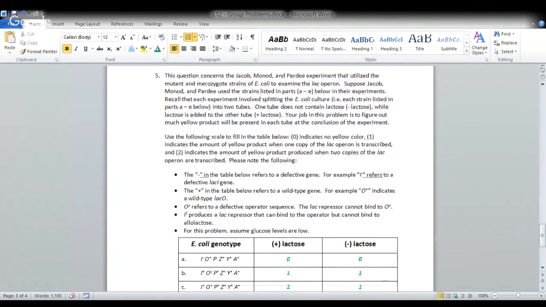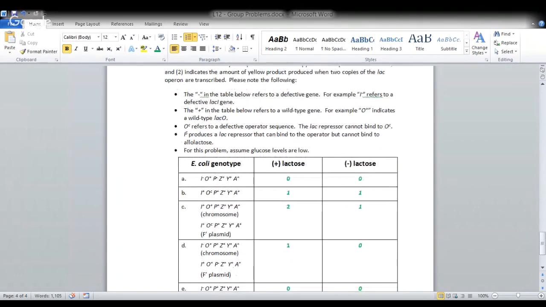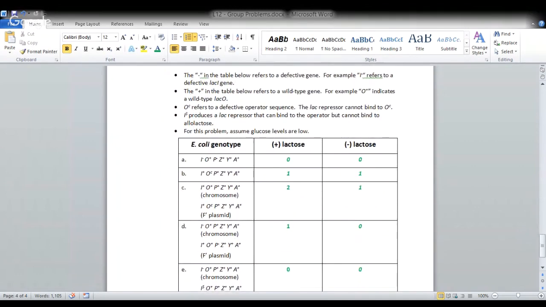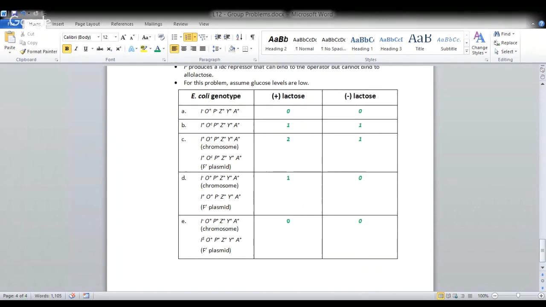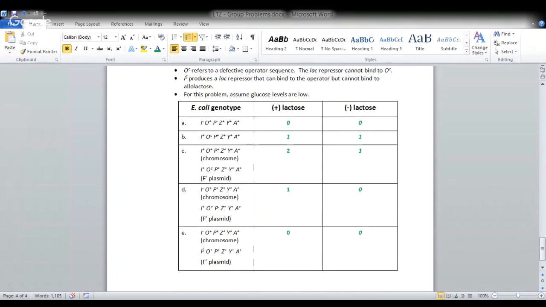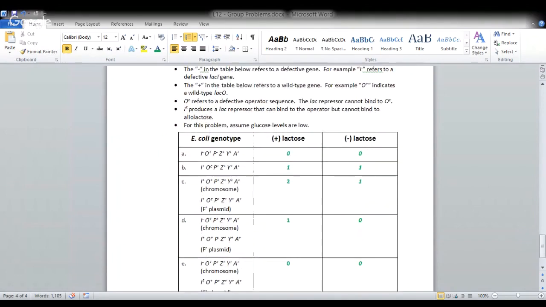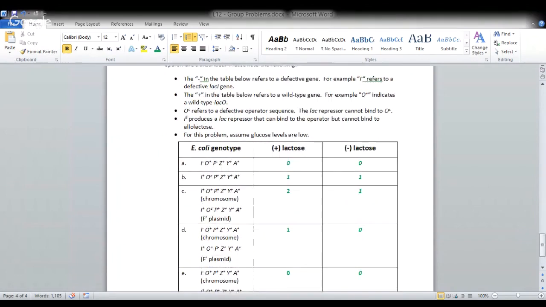And then if we move down to number 5, this is referring to the experiment. Once again, we have our key where the minus is defective and the plus is a wild type gene. Basically what we came up with, which hopefully is right, is that for A, for the E. coli, we get 0 for both. So we're not going to have defective for the lactose.